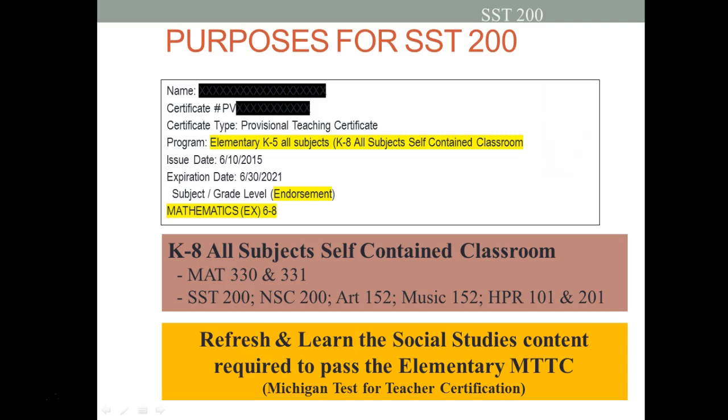So having this knowledge now, I hope you understand that in order to be well versed in the subject areas of K-8, all subjects, we have programmed you to take 2 math classes, SST 200 if you're not a social studies major, NSC 200 if you're not an integrated science major, Art 152, Music 152, HBR 101 and 201. Why? Because the content in all of those courses is on the MTTC.